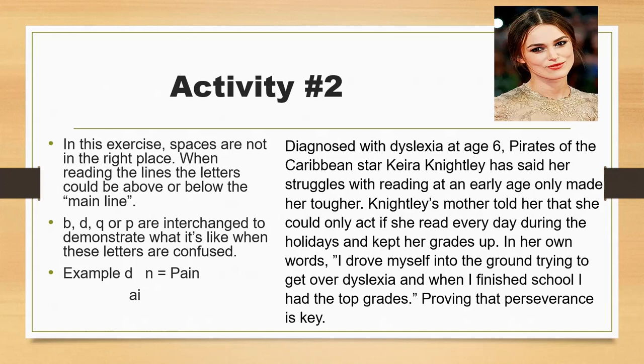So this example down here, D, it looks like D-A-I-N. And if you turn this over, it's a P. So it reads pain, but the person with dyslexia isn't gonna see that, so it's gonna take them longer to kind of move letters around, bring letters up.